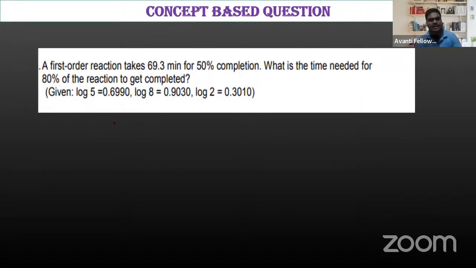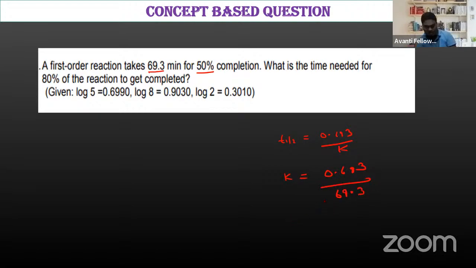Similarly, in this type of question, a first order reaction takes 69.3 minutes for 50% completion. What is the time needed for 80% completion? So for 50% completion in first order, t half is given. So t half is equal to 0.693 divided by k. From here you have to calculate k. It comes out to be 0.693 divided by 69.3, since the time is given.